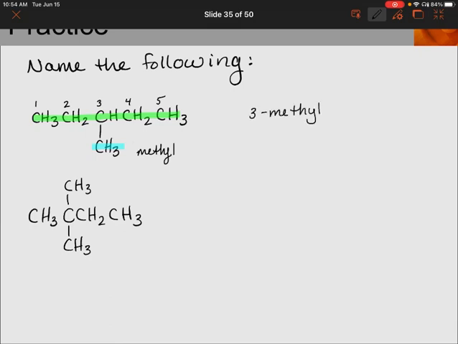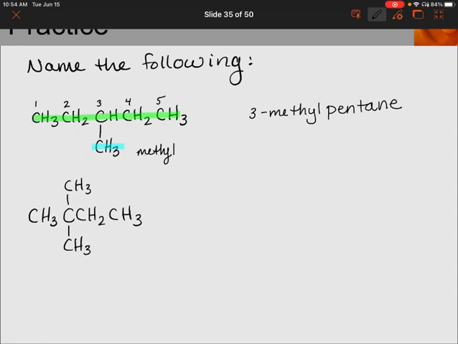And now we have to name our longest carbon chain. So if we have 5 carbons in that longest chain, what is the name of that? Pentane. And it's okay if you're still learning all of these prefixes. We just learned them, so don't worry. It'll become second nature as we keep going.